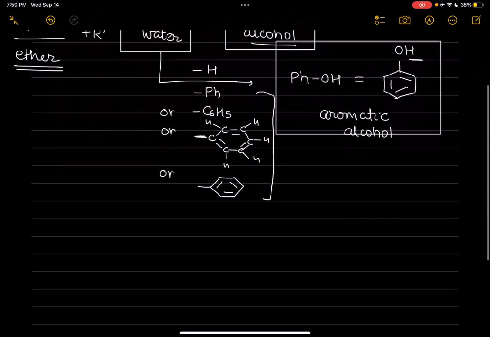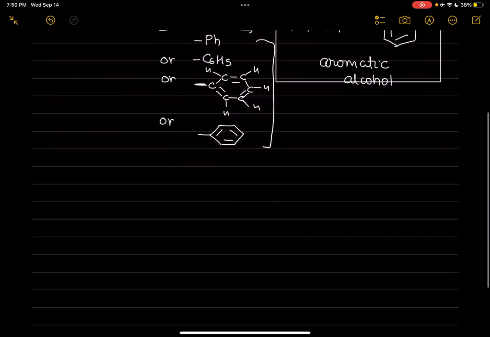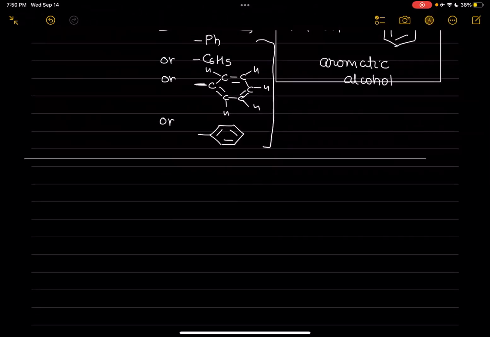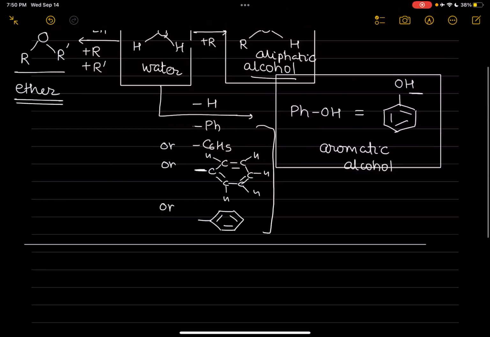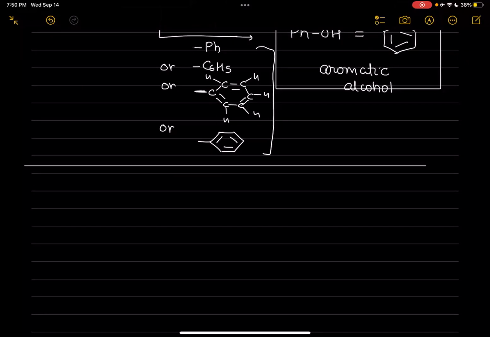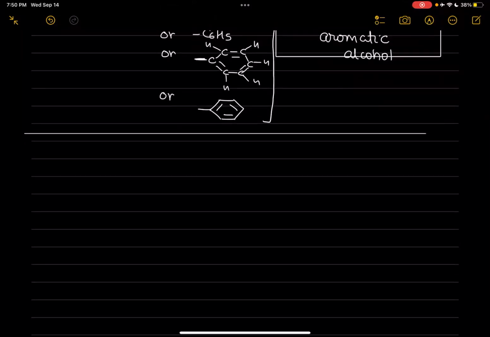Now the next thing: aliphatic alcohol can be classified further. Aliphatic means alkyl group.